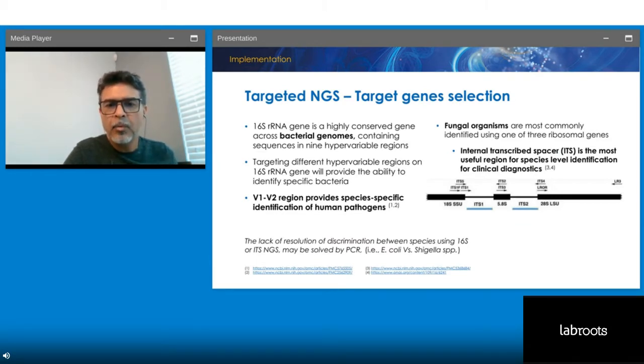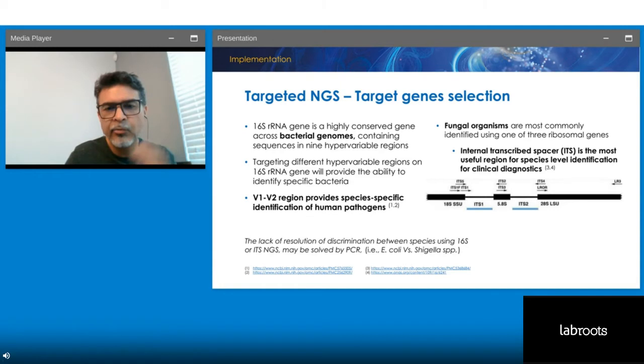So when we talk about NGS in this presentation, we're specifically talking about targeted NGS. This is the NGS that targets the 16S ribosomal RNA genes. Those are genes in the bacterial chromosome that code for the ribosomal RNA.